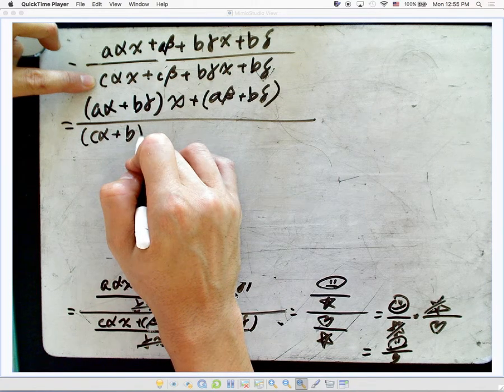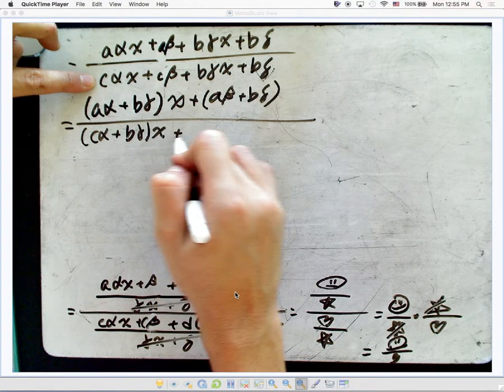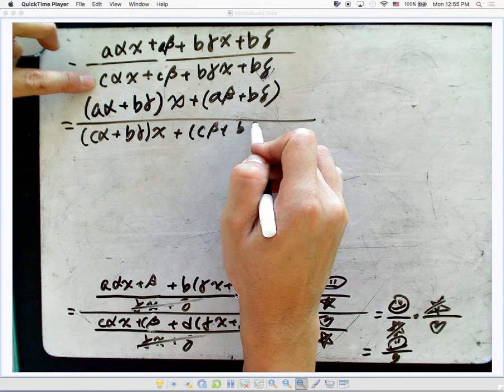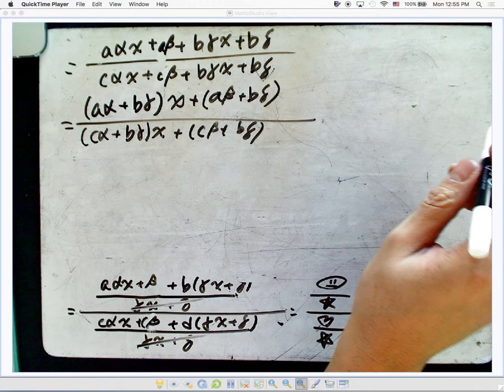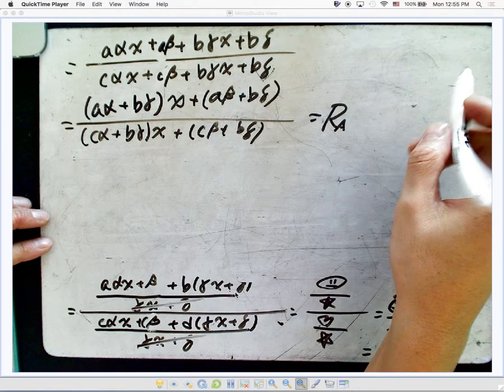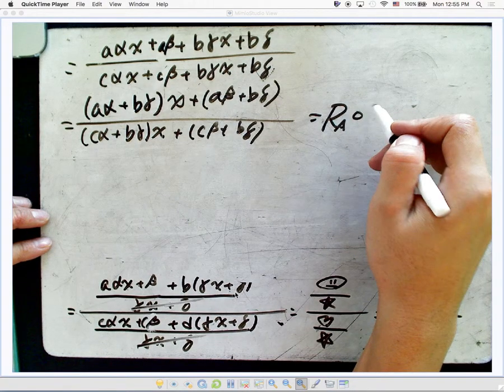Using the distributive property backwards, we have (c alpha plus d gamma) x plus (c beta plus d delta). So this is R sub A composed of R sub B.